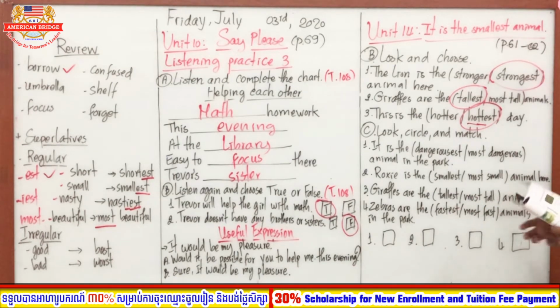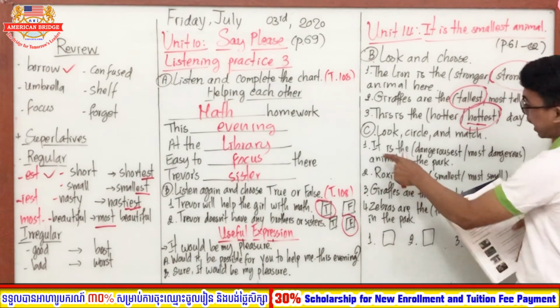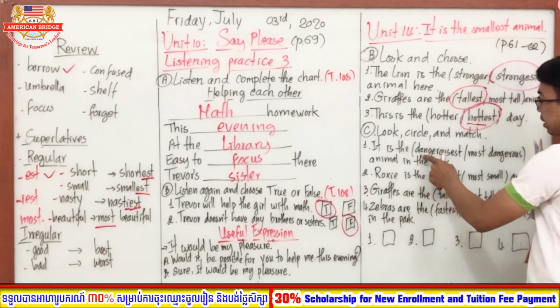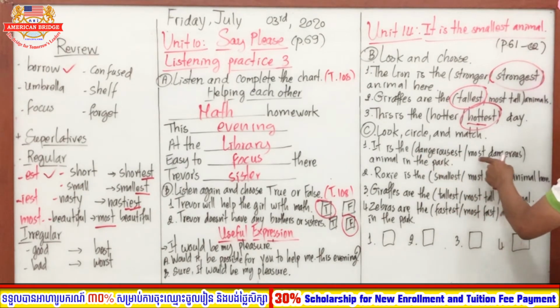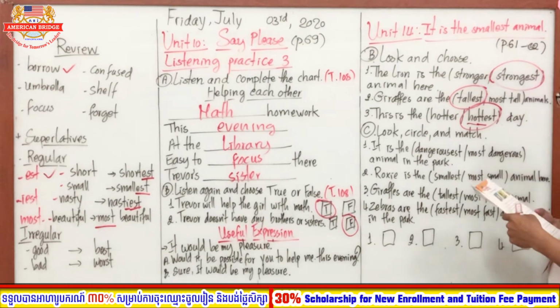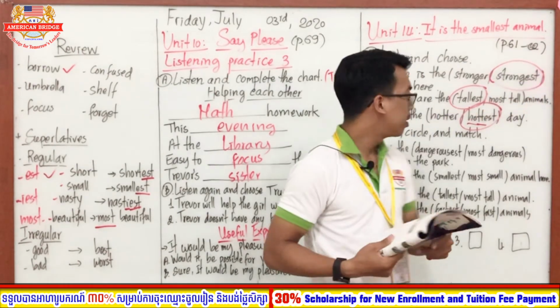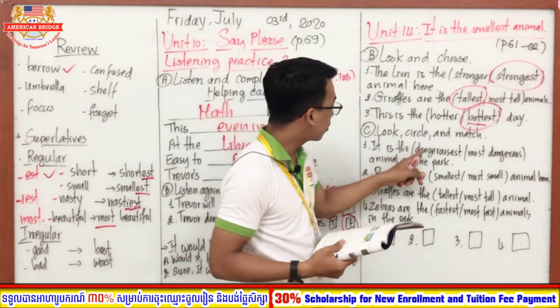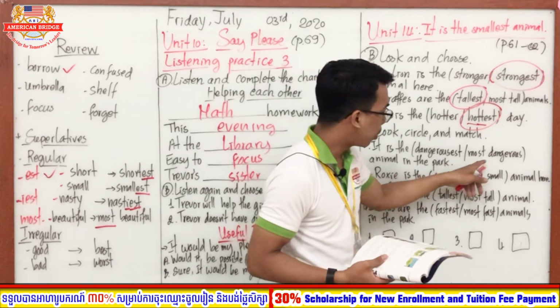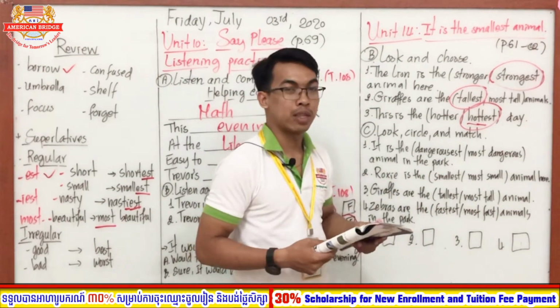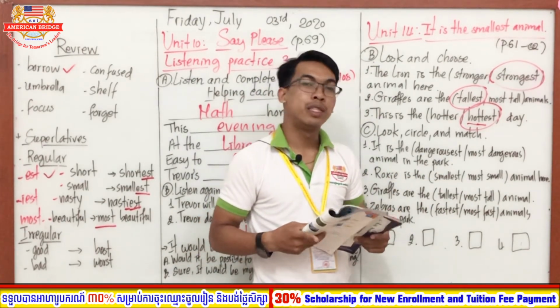Alright, so let's move on to the next one. Okay, so number 1, it is the dangerousest, okay, dangerousest, most dangerous animal in the park. So anyone, based on the sentence, dangerousest, most dangerous, which one is the correct answer? Yes, very good.